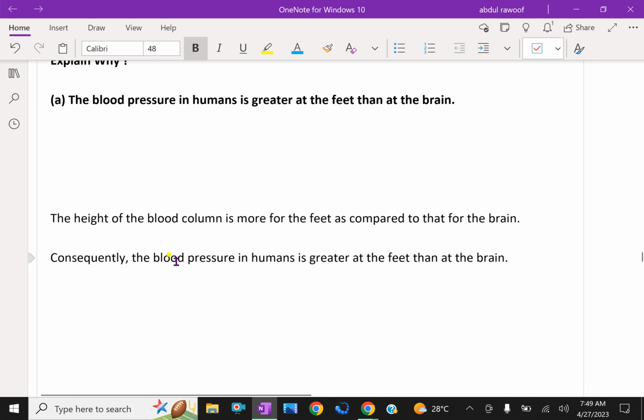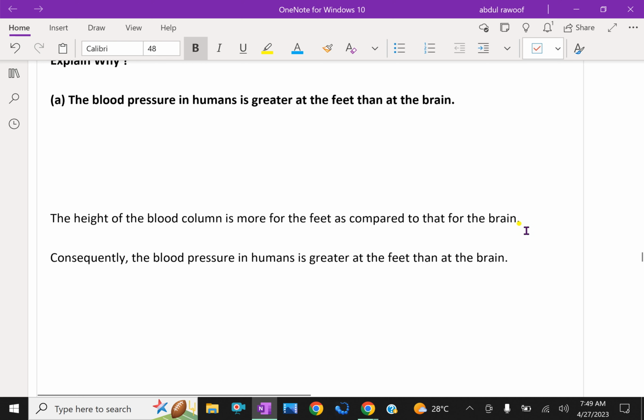Now the height of the blood column is more for the feet as compared to that for the brain, because from the body itself some height is there. For example, a 6 feet man has a height of 6 feet.